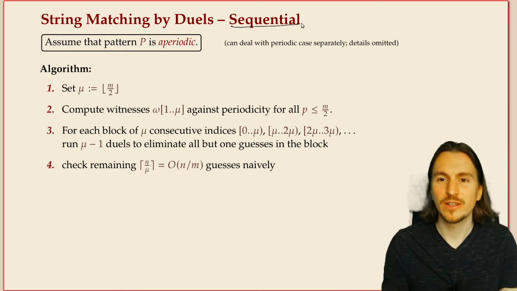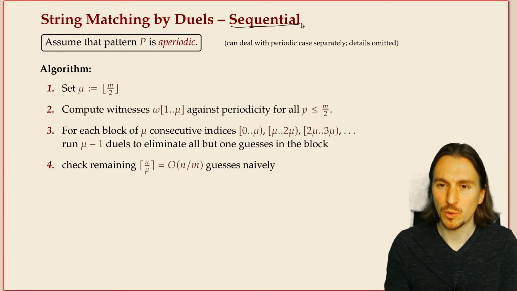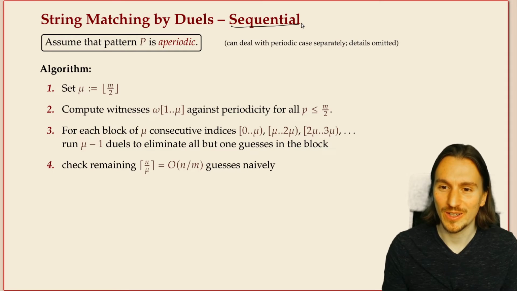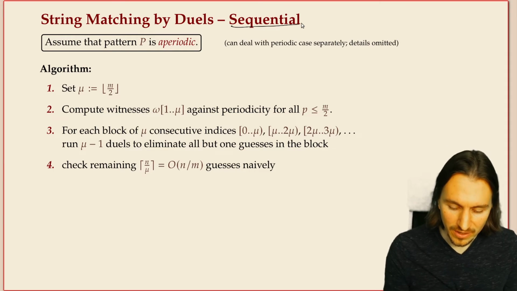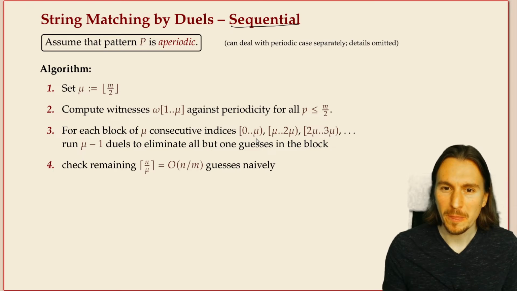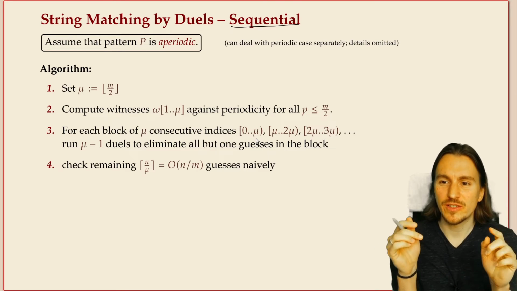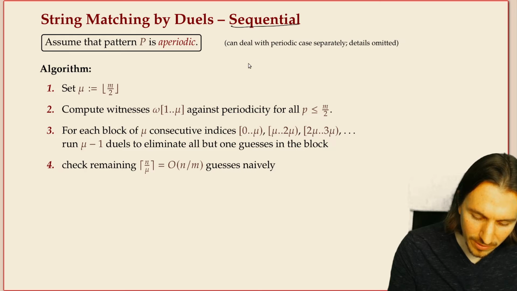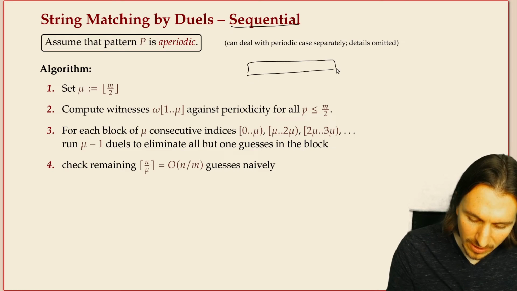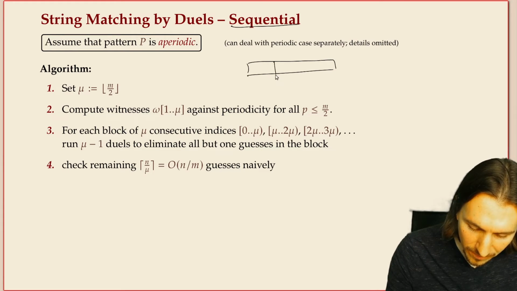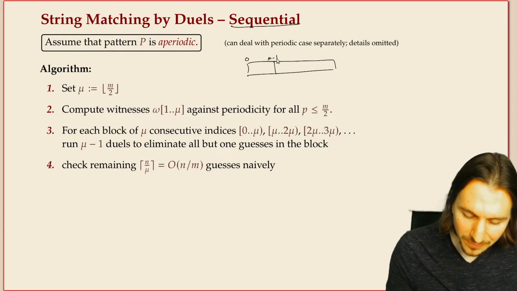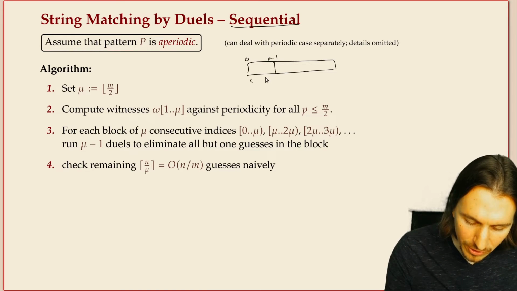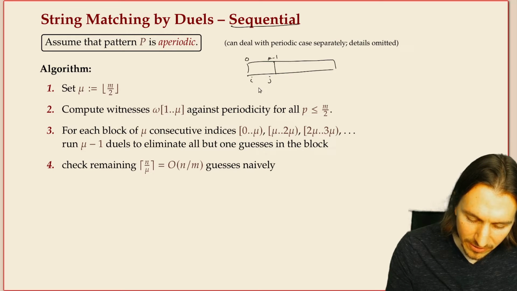Remember, I'm still talking about the sequential algorithm for now. We'll talk about how to make it parallel in a second. Okay, in each of these blocks, all the distances, all the two positions, if I'm in such a block of size mu, so this is 0 up to mu - 1, whatever two positions I pick, the distance will be at most mu.